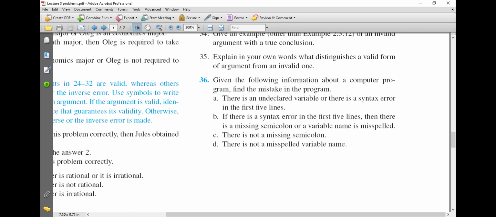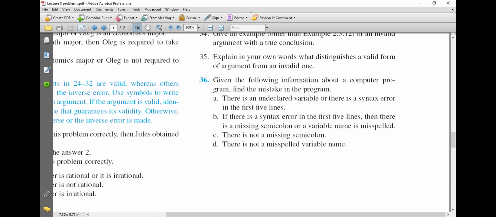Let's denote it by V. I hope you wrote down these statement forms.